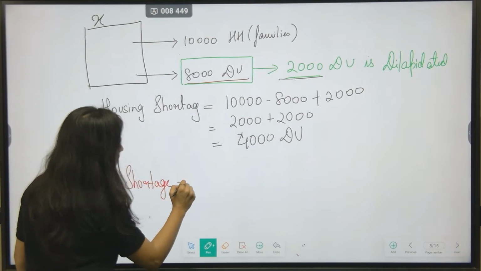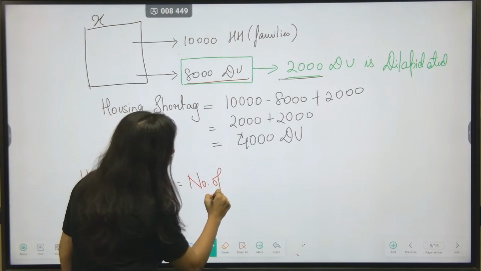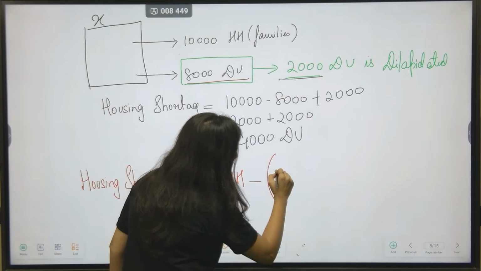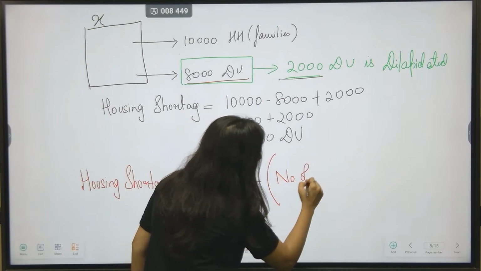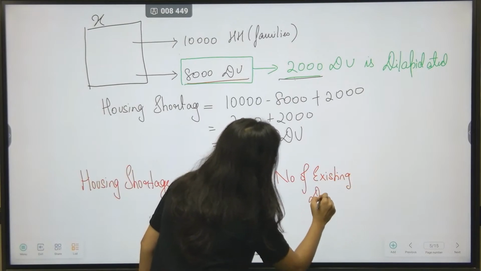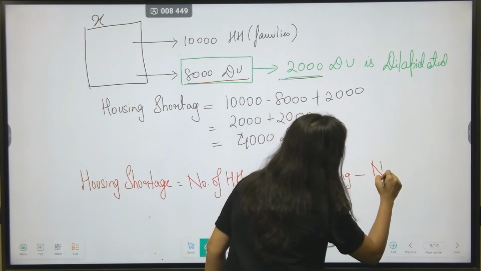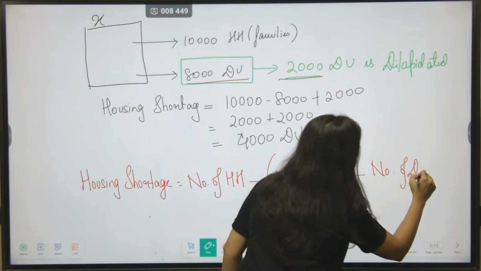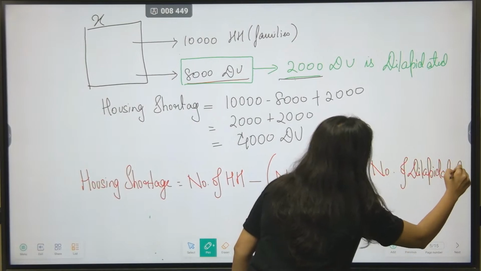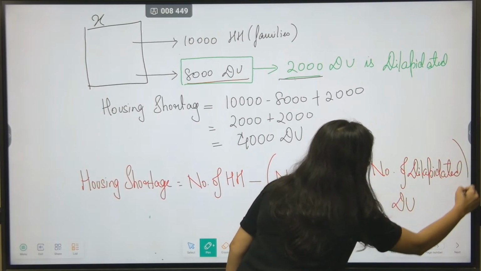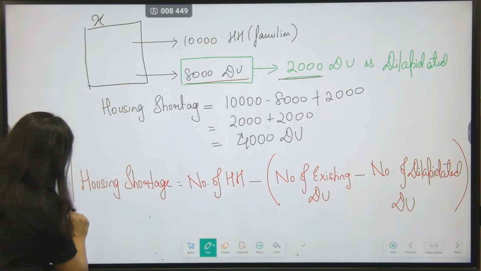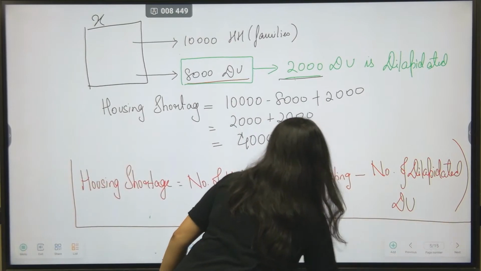Housing shortage equals number of households, which I'm writing in short as HH, minus number of existing dwelling units, minus number of dilapidated dwelling units. This is the formula for your housing shortage.